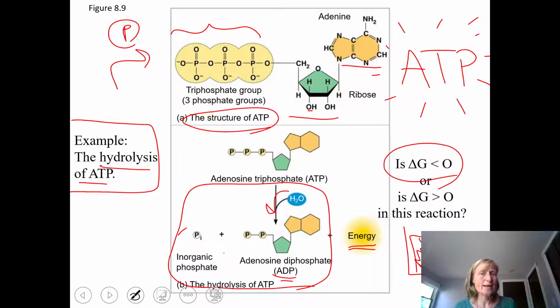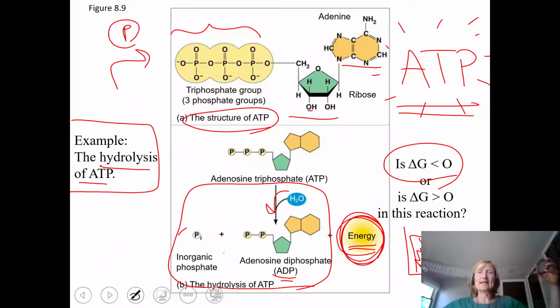The question is, why does ATP have so much free energy? And that's a good question to ask, because we know it does. We use it all the time in our cells to do work. The hydrolysis of ATP is used to do work because it releases energy, right? Well, why does ATP have so much free energy? It has to do with its structure. It's unstable.